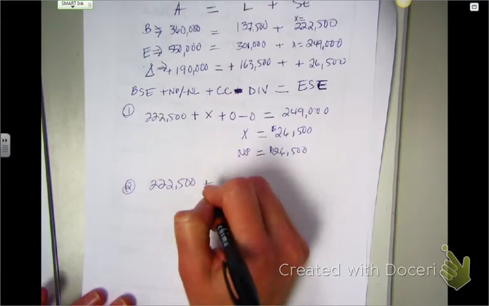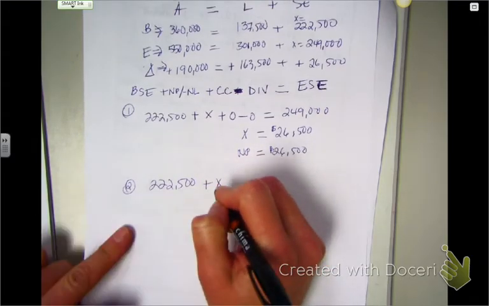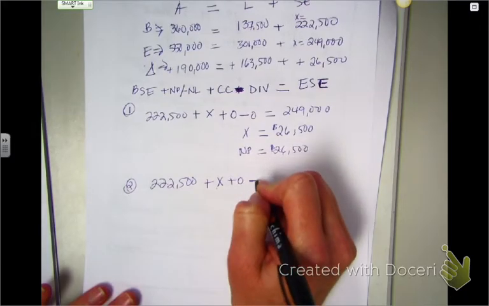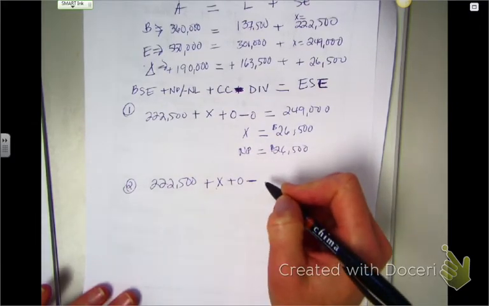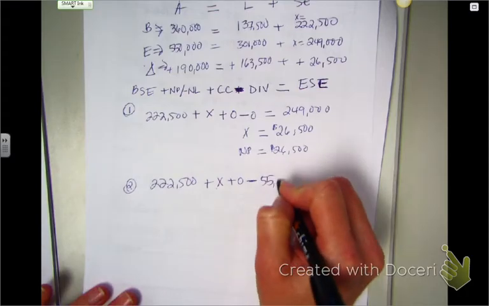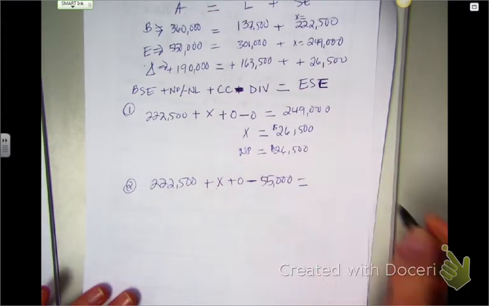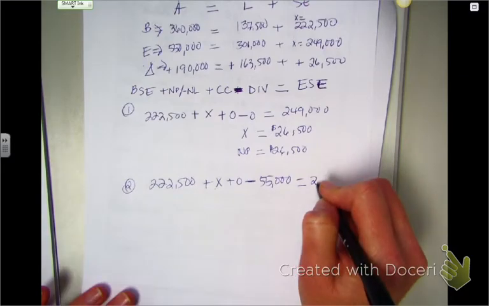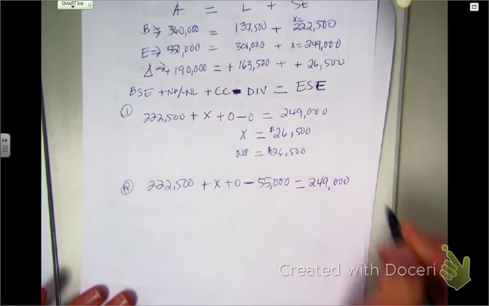$222,500, plus we're still solving for net profit. And then 0, and then you have $55,000 in dividends. Good. And then you would subtract. Okay, this is $249,000. That's our ending.